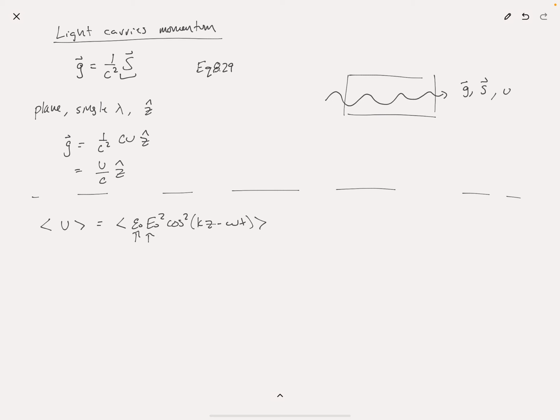The only thing that's changing in time is this cosine expression. So I can pull these out of the average, and I'm left with the average of cosine squared of kz minus omega t. Now, as long as you are looking over at least a period, or many periods, this cosine function has a well-defined average. The average of cosine squared of anything is 1/2. So I'm left with 1/2 epsilon naught E0 squared.